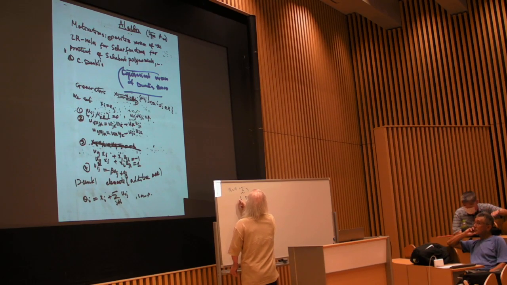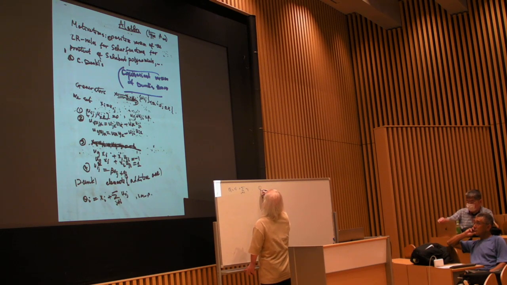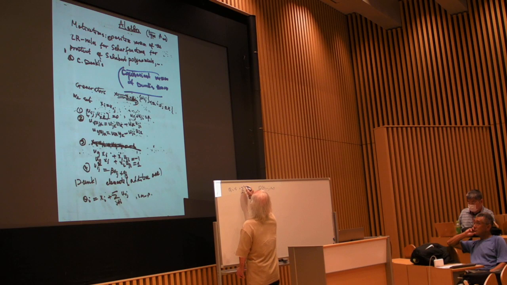Okay, and this x_i can be interpreted in many ways. x_i may be the operator of multiplication, and this operator acts on the polynomial ring.